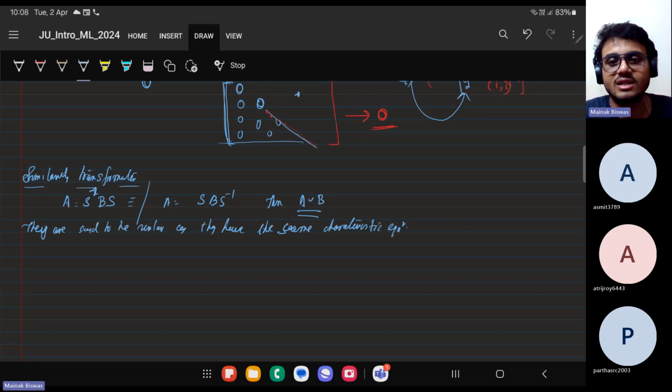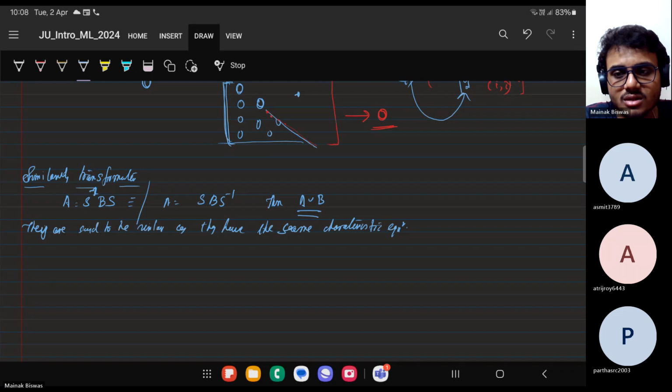You may ask, do they have the same characteristic equation? Meaning the same eigenvalues. Having the same characteristic equation means they are similar matrices, that you can always write them with this transformation.